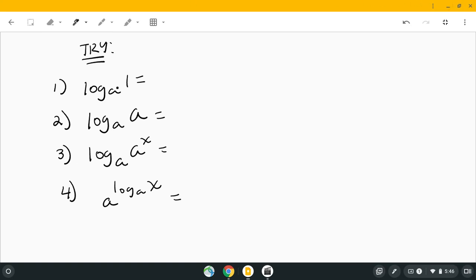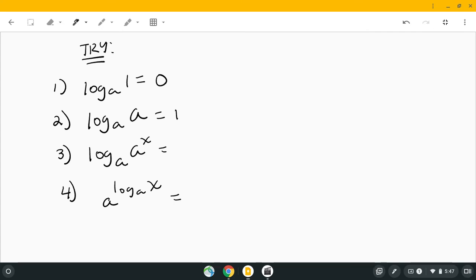All right, so this first one here, a to what power is 1? That would be 0. A to the 0 power is 1. This one over here, a to what power equals a?